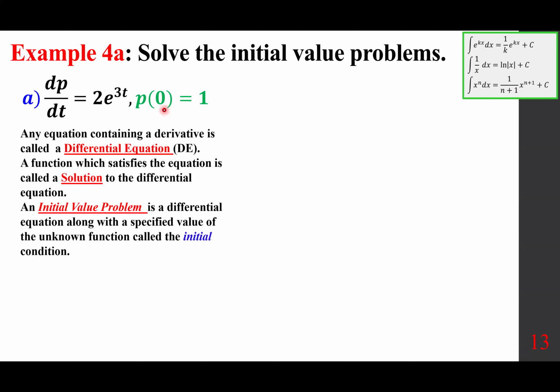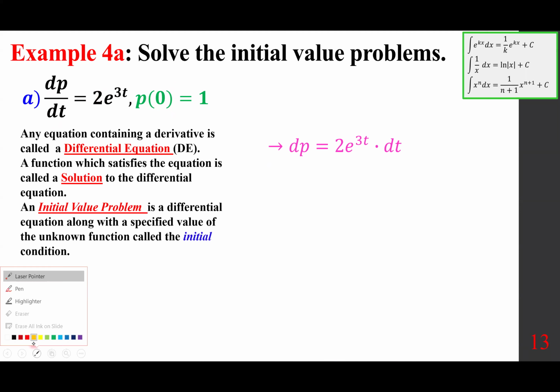So what happens as a result? I'm going to show you. So I'm going to completely ignore that for now. We're going to discuss what it means in a moment. So I want to show you that the very first step is the good old integration, which means I'm going to write dP is 2e to the power of 3t times dt.